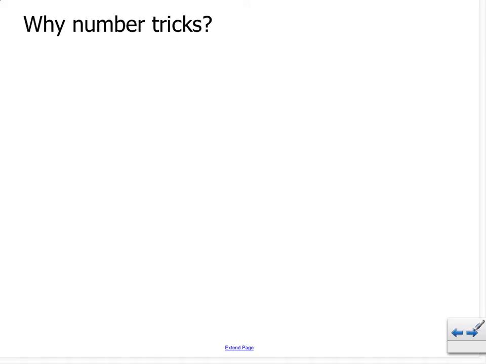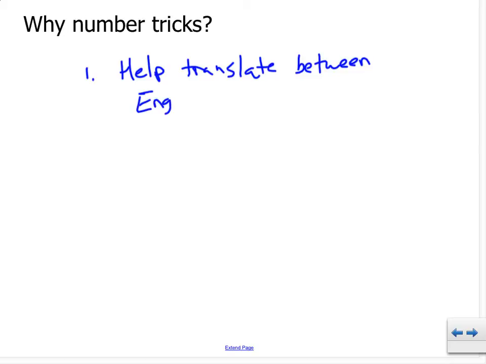So why number tricks? Well, number tricks do us a few things. First of all, it's going to help us translate between the English that we read, the verbals that we read, and the algebra. I like to say the algebra is its own language. We call it Mathlish.